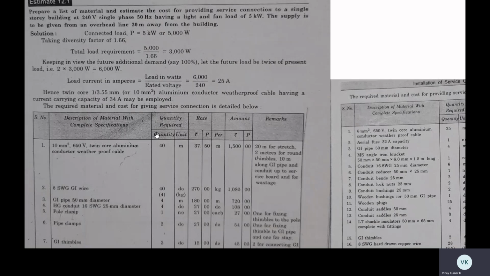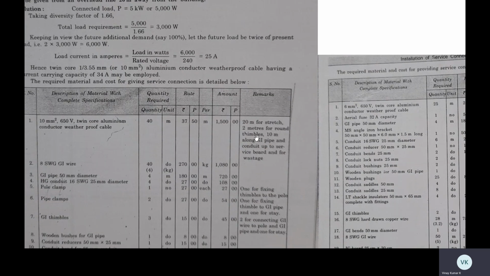So for phase 20 meter, for neutral another 20 meter, that is 20 plus 20, 40 meters for phase and neutral, 2 meters for the loose connections and round thimbles, and 10 meter along the GI pipe, the GI pipe which we are going to connect at the home side. So for that purpose, we need 10 meter of wire.